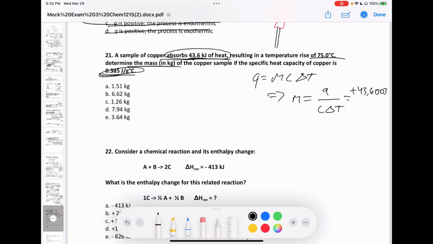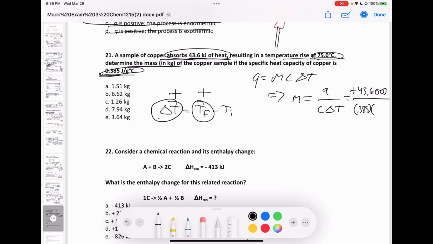So then we have this positive 43,600 joules of heat absorbed, times the specific heat of 0.385, times the temperature rise of 75 Celsius. So if you think about temperature change, that's going to be temperature final minus temperature initial. So if the temperature rose 75 Celsius, this is going to be positive, and that means temperature final is going to be greater.